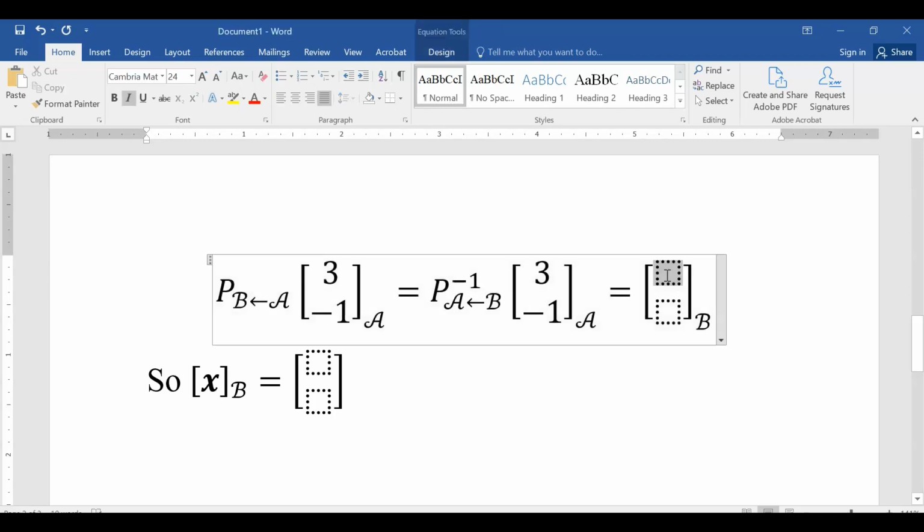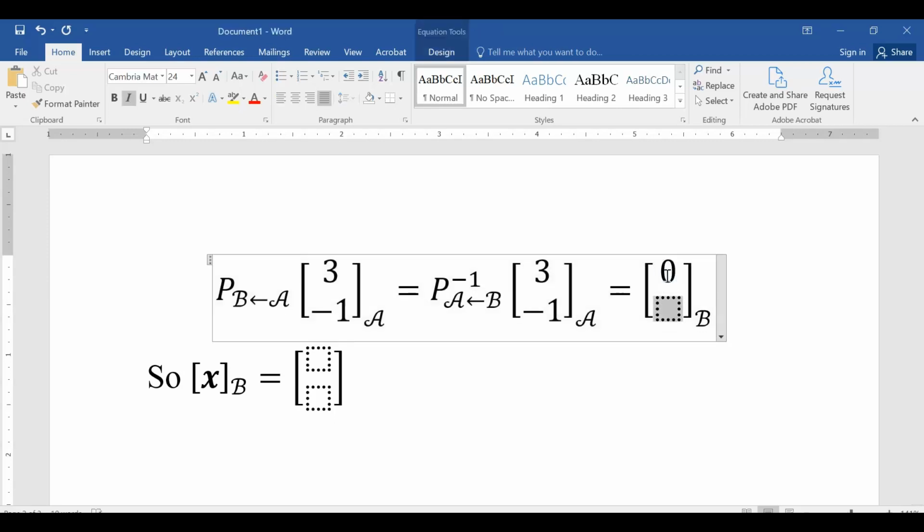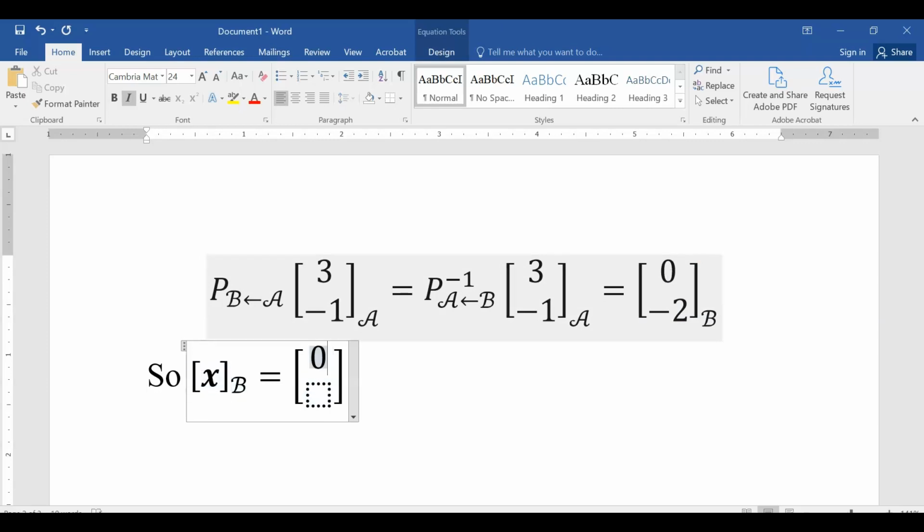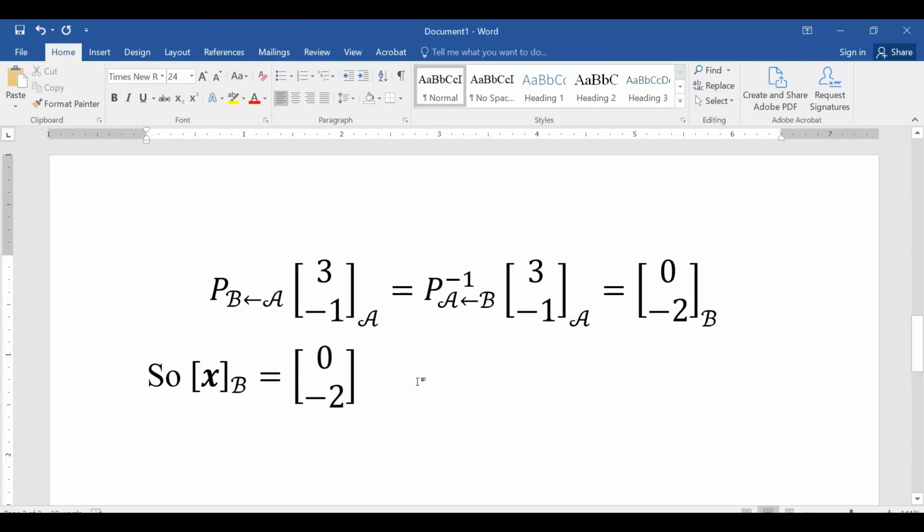What I came out with is 0 and negative 2. Hopefully you got the same thing. So the coordinate vector with respect to basis B is 0, negative 2.